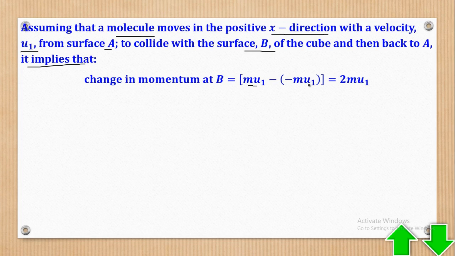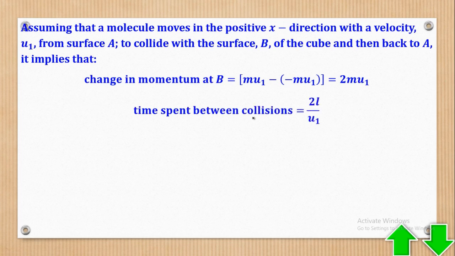Why? Because after collision there will be a change in direction, but the velocity will be uniform, so it will remain u1. Therefore, change in direction is denoted by a change in sign. Therefore this and this gives you 2mu1. So that is the change in momentum.